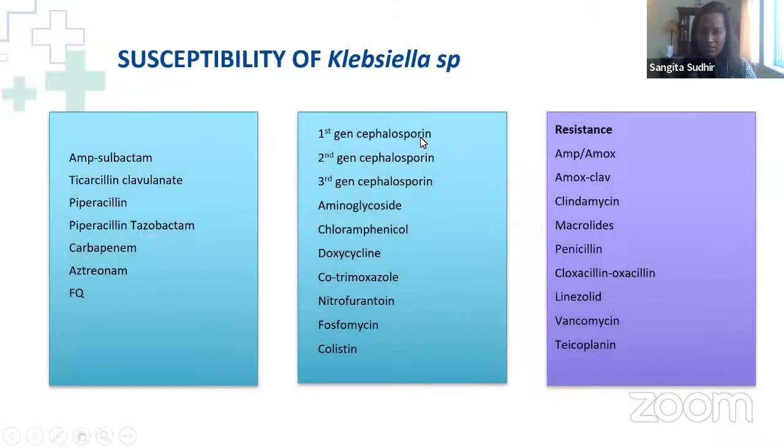Similarly in Klebsiella, this is the normal typical pattern, but if it's ESBL, then all of these first generation, second generation, third generation cephalosporins won't work. The penicillins won't work. We may have to rely on piptaz and ampicillin sulbactam. If it's a CRE, carbapenemase producing Enterobacteriaceae, then we may have to rely on higher antibiotics like colistin and fosfomycin. So these differ.